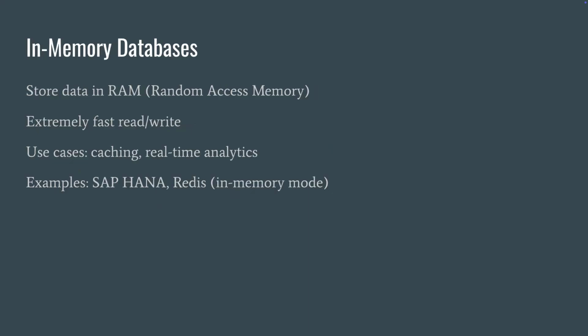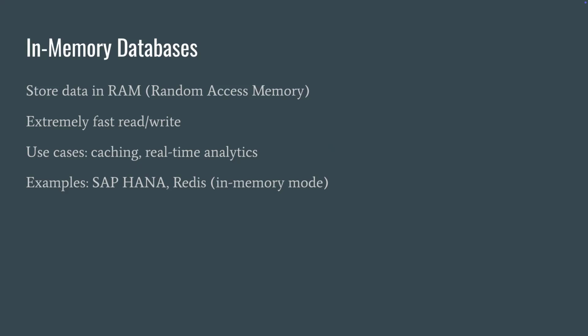Now, let's move on to in-memory databases. In-memory databases keep their primary datasets in main memory. If you're familiar with your laptop or desktop internals, basically datasets are kept in RAM rather than disk storage.